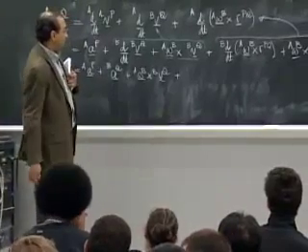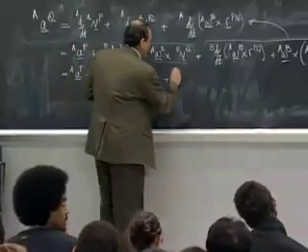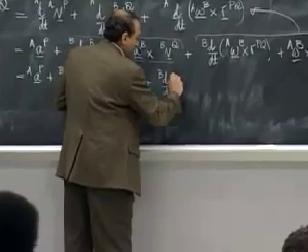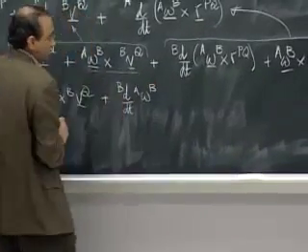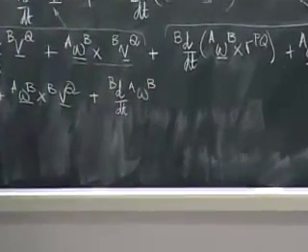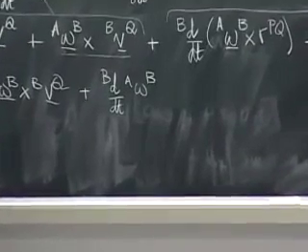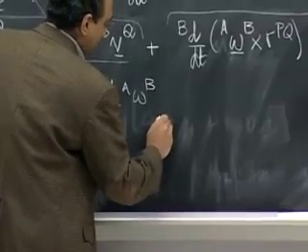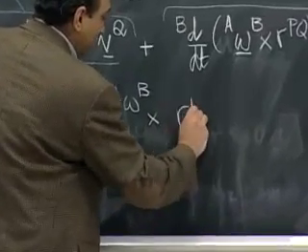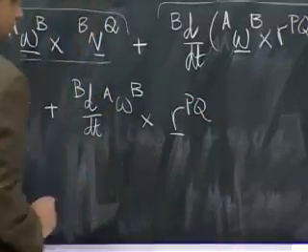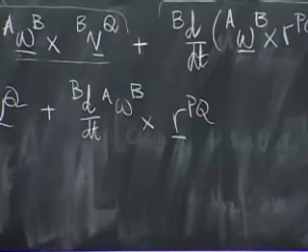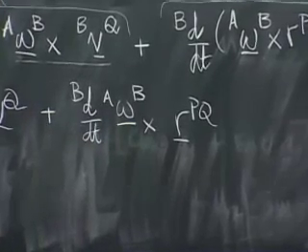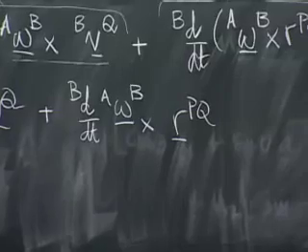Let's do this: B d by dt of A omega B cross RPQ. I have a caveat when I finish this; I'll come back to it. What I'm doing here is fine.